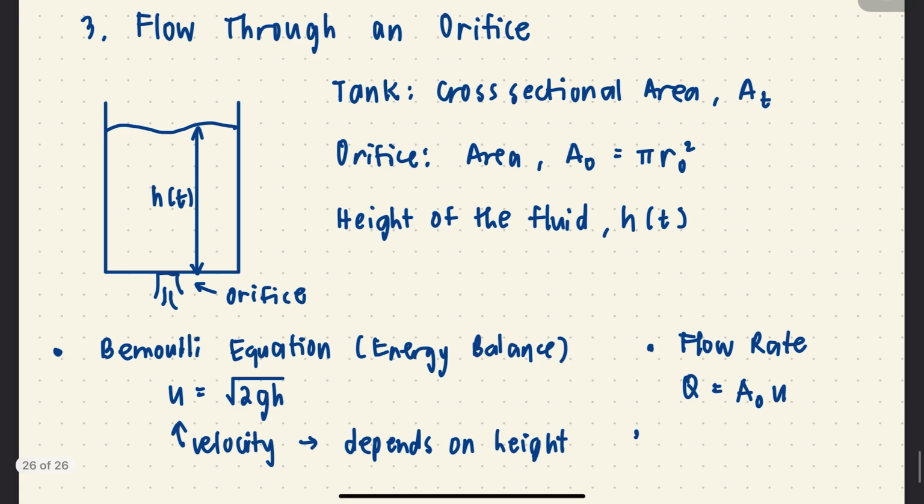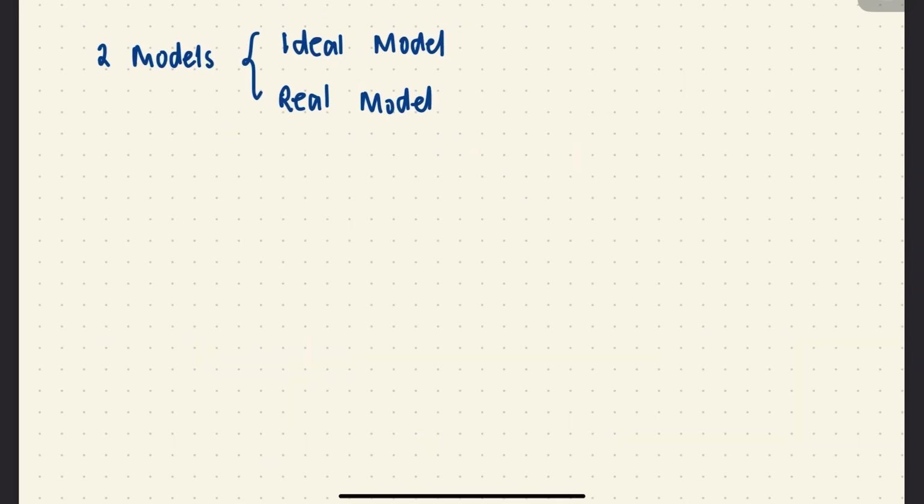And then for your conservation of mass, okay, we'll have the change in volume over time will be equal to the negative flow rate. dV over dt is equal to negative Q. Let us continue with this application by deriving two models.